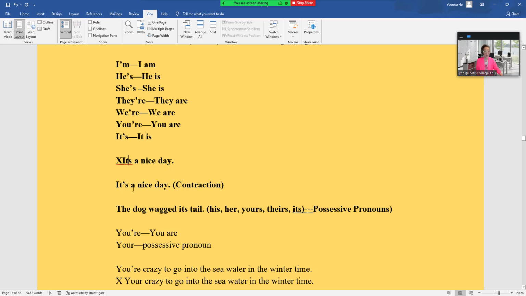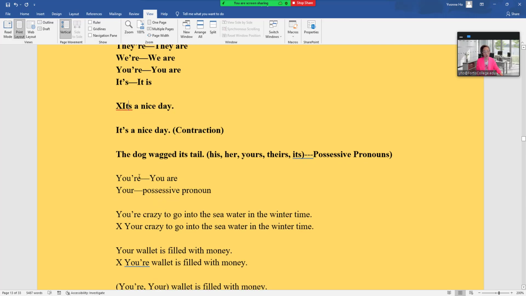The correct way is to use the contraction: it's a nice day. The dog wagged its tail. We don't need an apostrophe there because in this case the its is a possessive pronoun. In other words, it shows possession of whose tail is wagging. It's not my tail, it's the dog's tail.